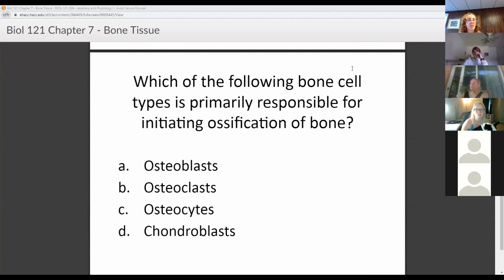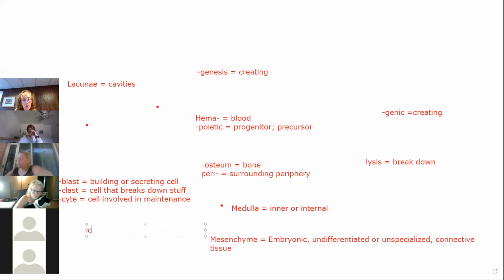So it's initiating the building of the bone. Chondro, that's another word. Chondro means cartilage. So a chondroblast is a cartilage building cell.